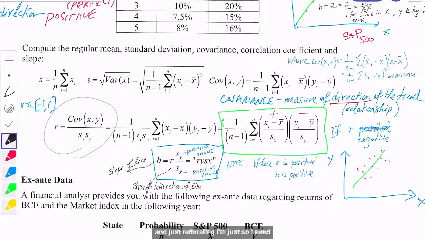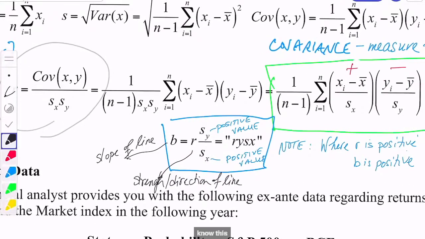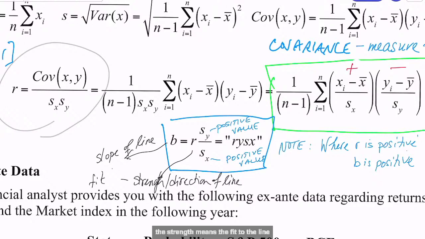And just reiterating, I need you guys to know this. The strength means the fit to the line, how fit they are to the line. The closer to 1 or -1, the better the fit. No questions, my 19 watchers?